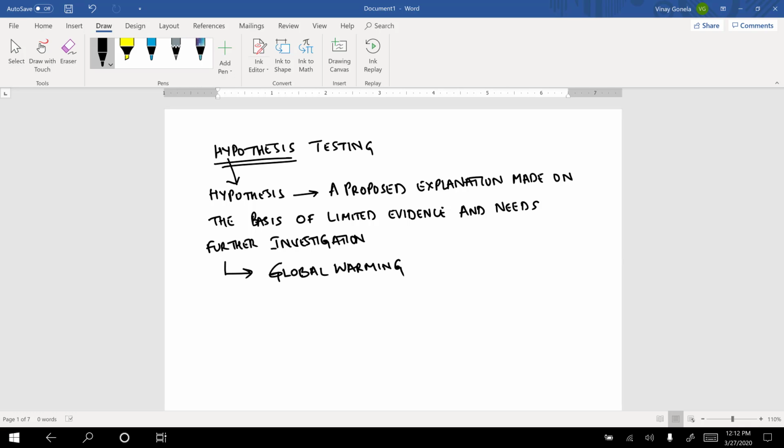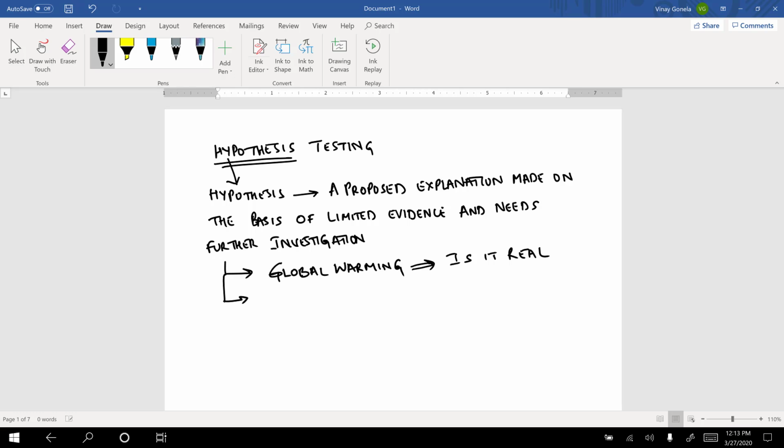In the case of global warming, we have studies that claim global warming is real, and we have studies that claim it is not real. So it's up to the statistician to collect data and make a decision based on analysis. So is it real?